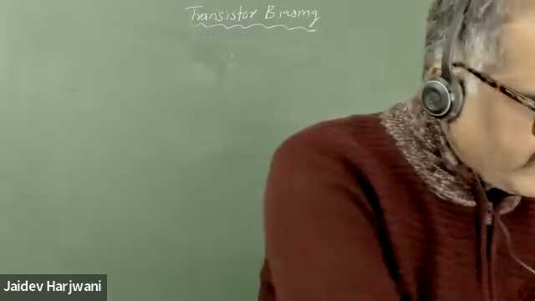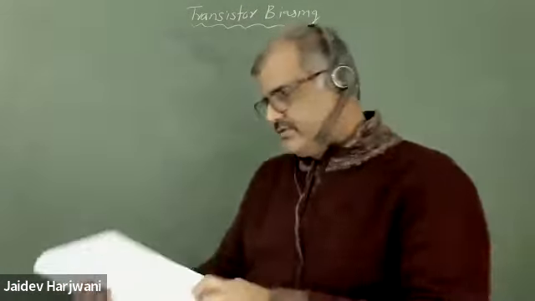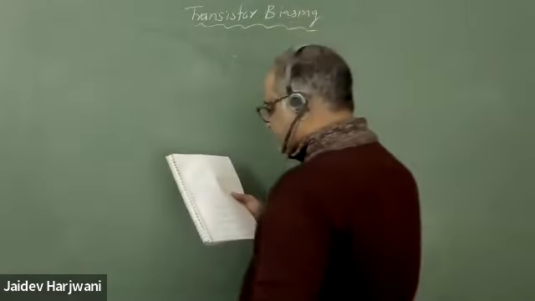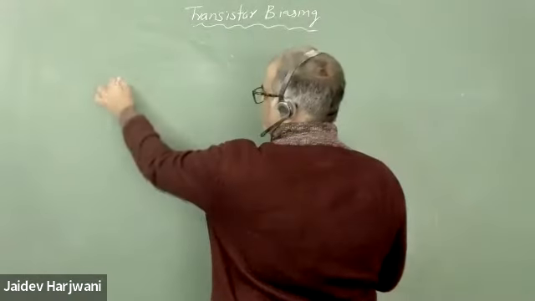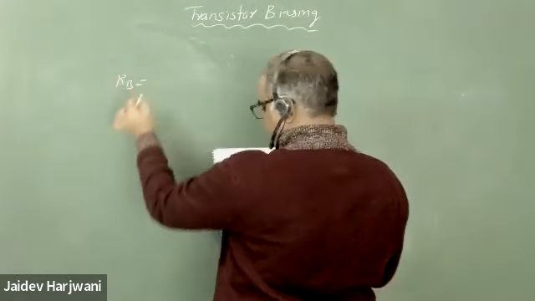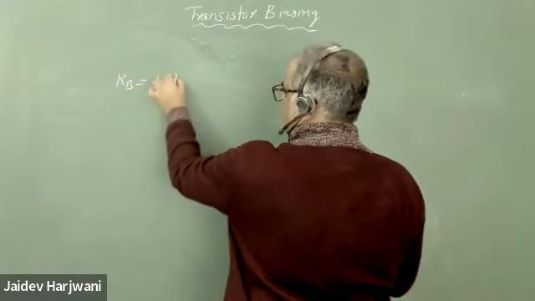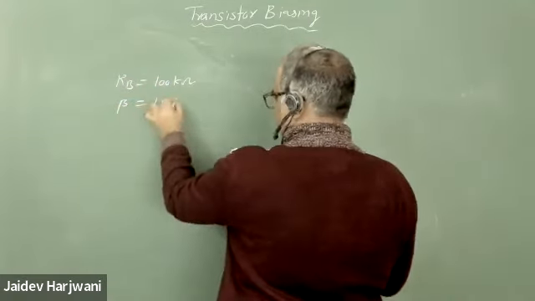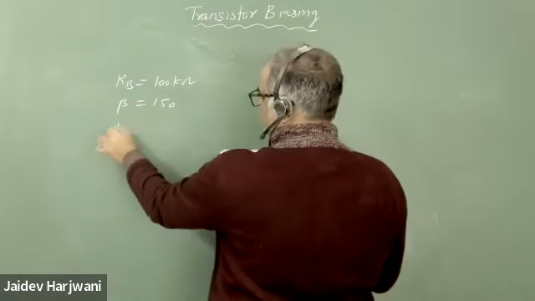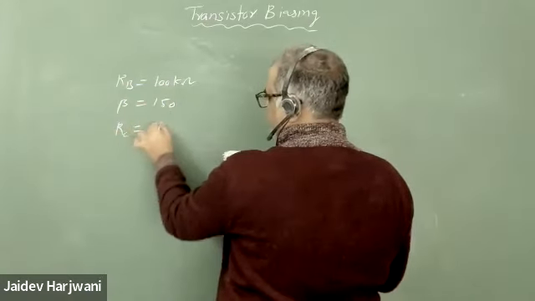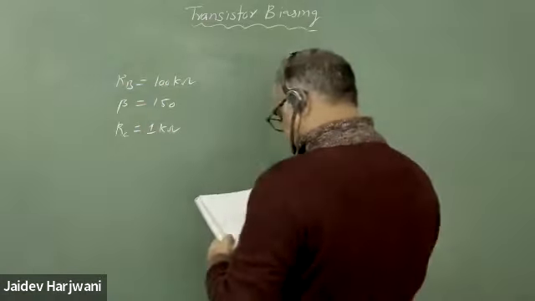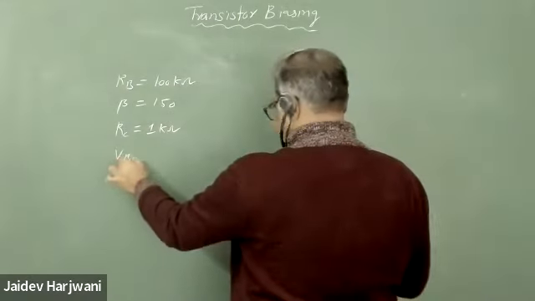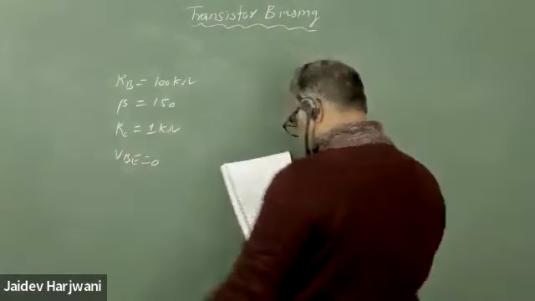So I'm giving one homework. Okay, you try that homework. Same for fixed bias. I'm giving you the RB value, 100 kilo ohm. The beta value I'm giving you is 150. The RC value I'm giving is 1 kilo ohm, and you can take VB as 0.